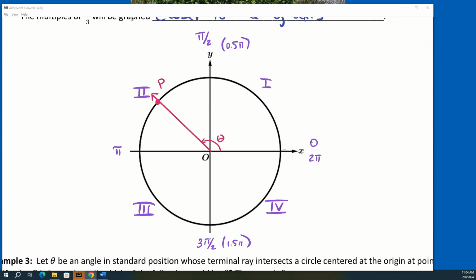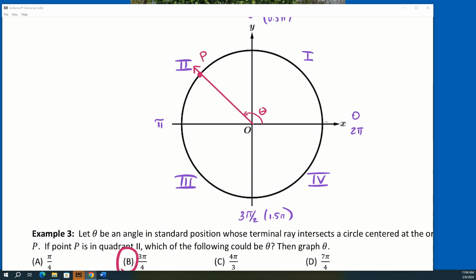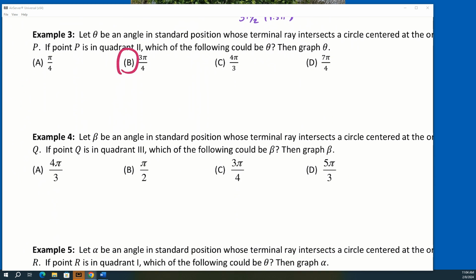All right. And then for example 4, kind of the same situation, but we have point Q on the circle, and we want our angle to be in quadrant 3. So looking at these, quadrant 3 is going to fall in between 1 pi and 3 pi over 2, or 1 pi and 1.5 pi, if you're thinking about decimals.